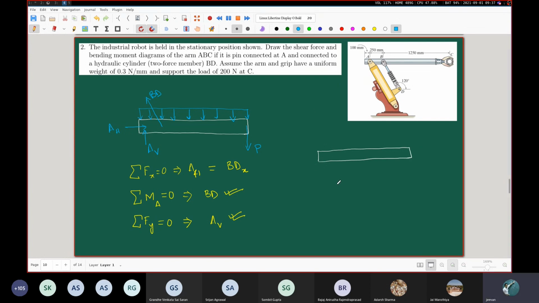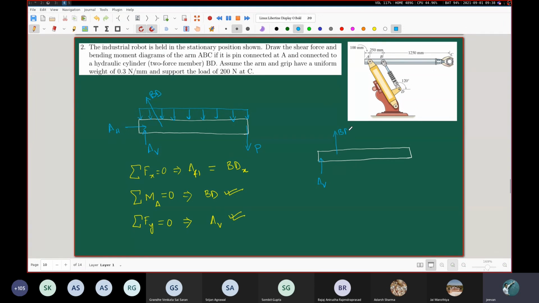So effectively what we are looking at is this kind of a thing for the shear force and the bending moment. I'm not actually drawing the free body diagram now. I'm drawing the thing which will enable us to draw the shear force and bending moment diagram.